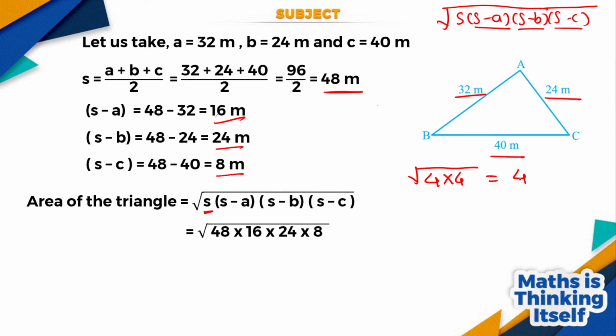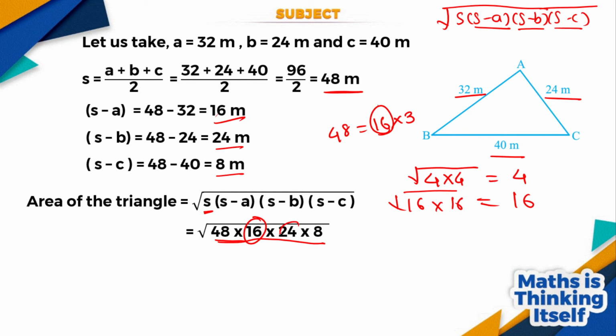This basic knowledge we apply here to find the square root of the given product, that is 48 into 16 into 24 into 8. So how to solve it? It is a big number, so we have to look for pairs. Now 48 can be expressed as 16 multiplied by some number, yes, that is 16 into 3. So we simply get a pair of 16 into 16 under the square root sign, so outside it becomes 16. Then 24 and 8 are here, so 24 can be written as 8 into 3. That's why we can adjust there and make the pair.